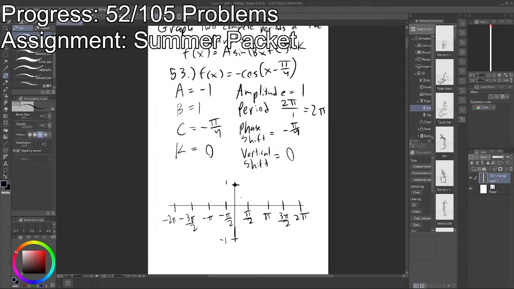What is cos 90? I think it's 0. Yeah, it's 0. Cos pi is, yeah, it's negative 1. And yeah, this should be like this.